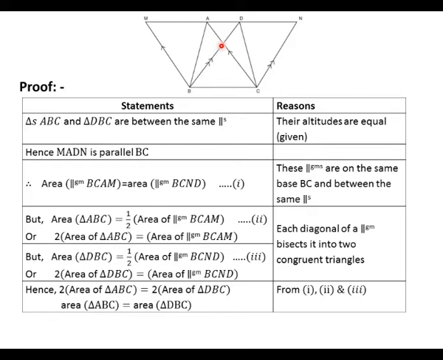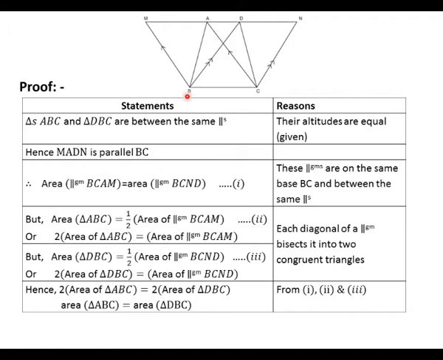And another thing: these two parallelograms have the same base, that is BC. So by using theorem 16.1.1, in which the statement was that parallelograms on the same base and between the same altitudes are equal in area, these are two parallelograms with the same base and between the same altitudes.